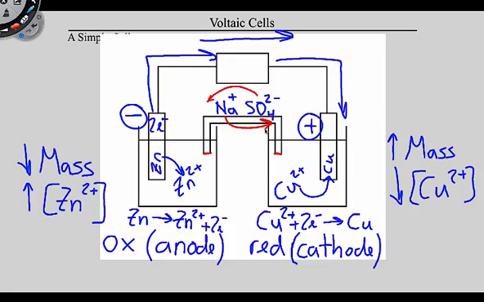Even if they were both positive or both negative, we can still build batteries that way. They're not very good batteries because they're fighting against each other. But it's not just because it's positive, it's more positive. So guys, bottom line is this: whoever's higher up on this chart will be the cathode. Because what happens at the cathode? Reduction.